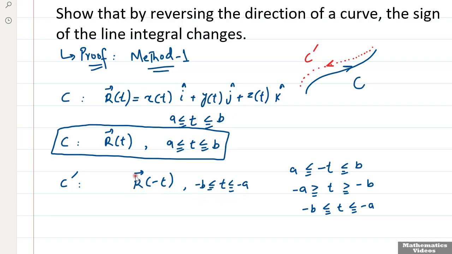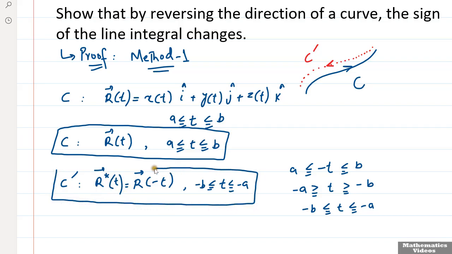What we call r of minus t, as it is a function of t, we call r star of t. So this is the parametric representation of the curve C prime.